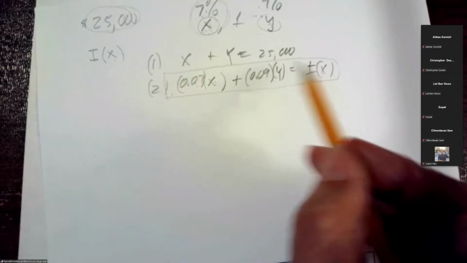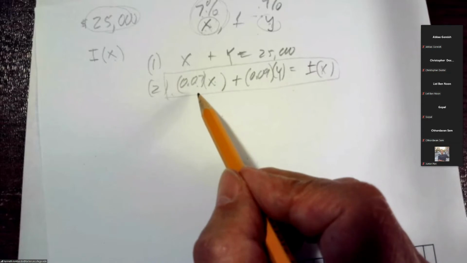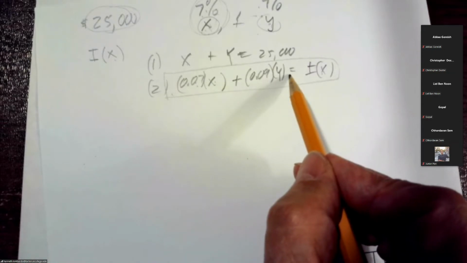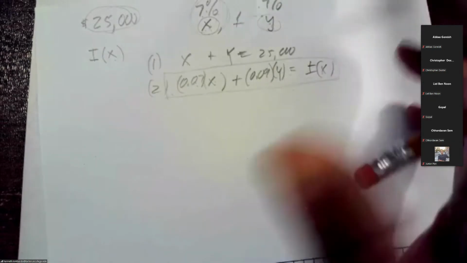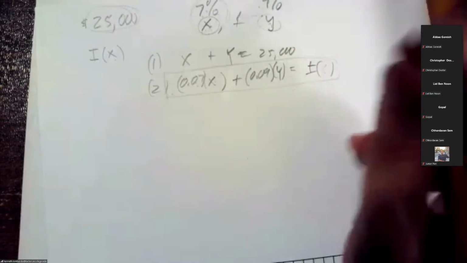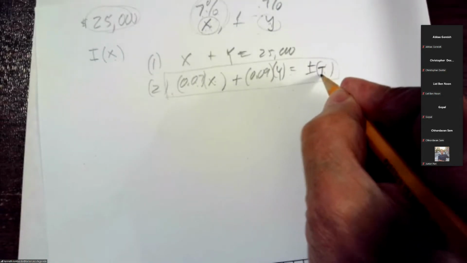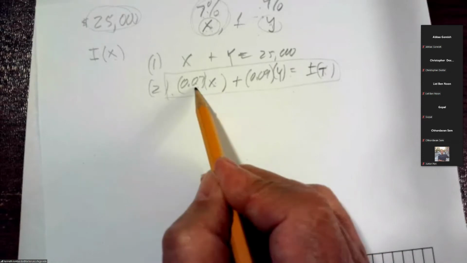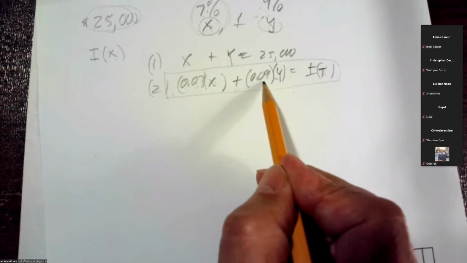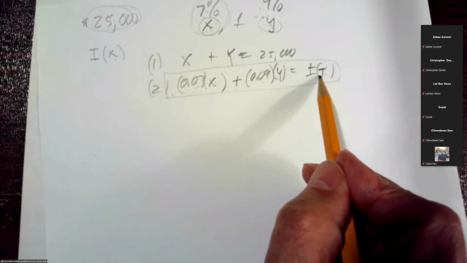Right, the interest as a function of X. Well, this is interest on both. So this is going to be total interest, isn't it? Not X, but total. The amount invested at 7% plus the amount invested at 9% is the total interest. Is that a plus or minus next to the total?